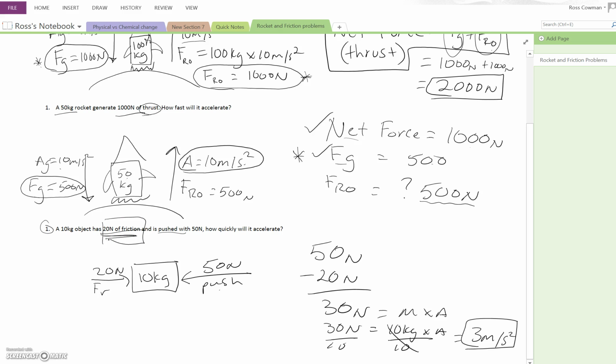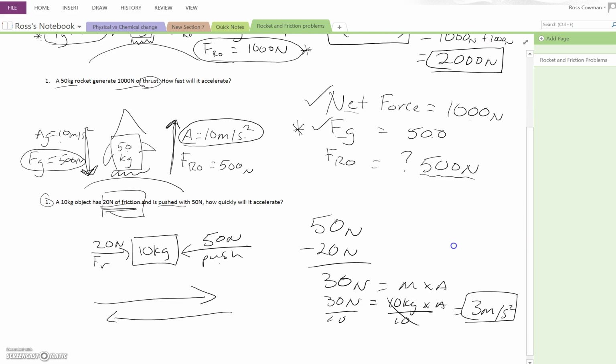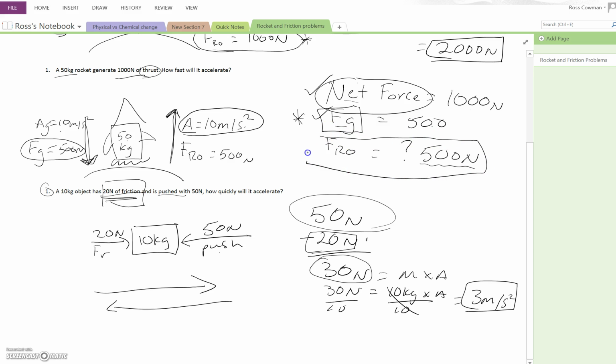And this works now horizontally, rather than vertically, up and down. But as you can see here, this was the total amount of force. We subtracted friction, and we're left over with what is able to push the object. That's the same thing that happened right here. Net force subtracting the force of gravity, the weight, which essentially is the friction down here, and then what is left over to accelerate the rocket.